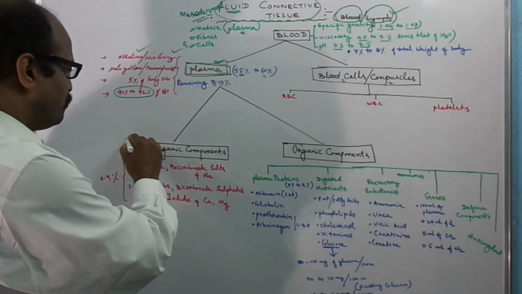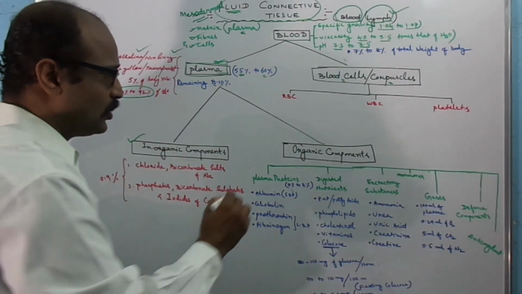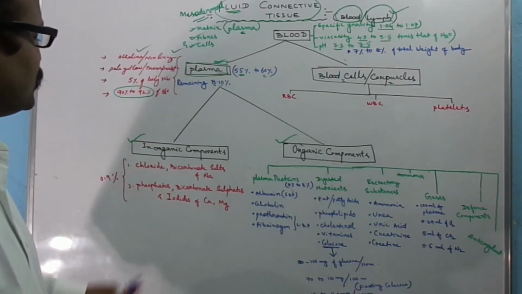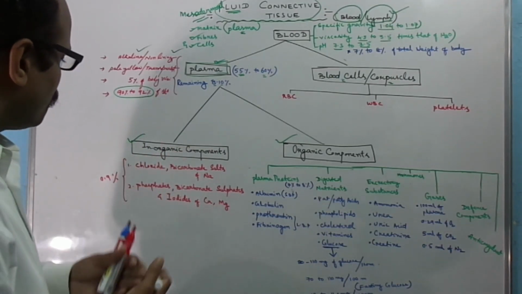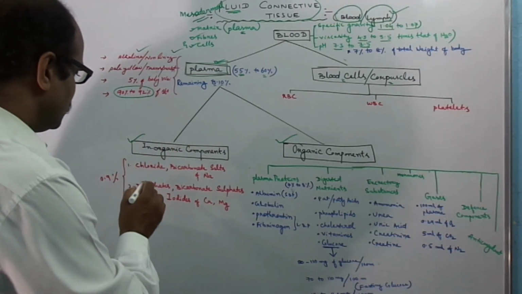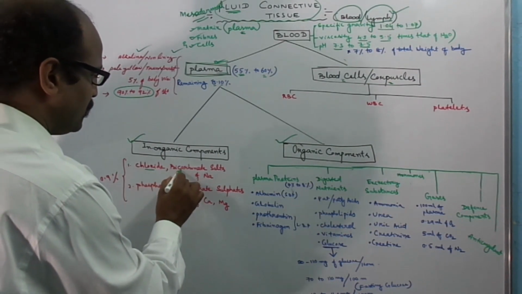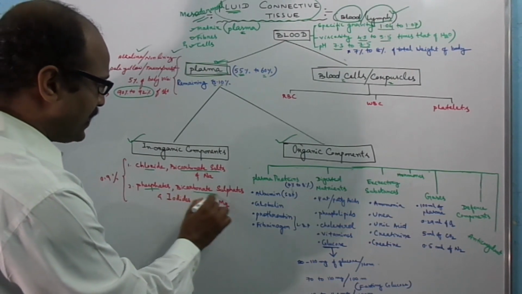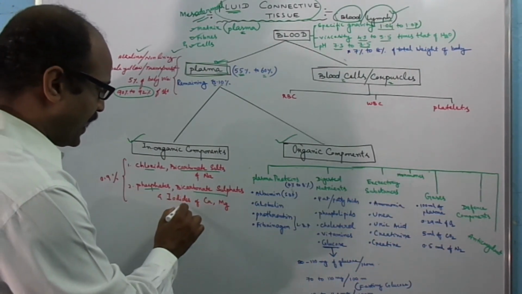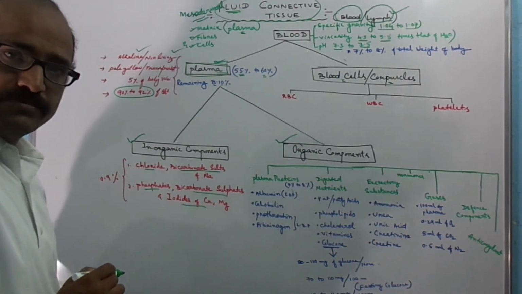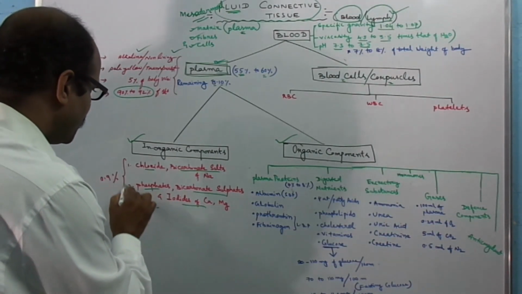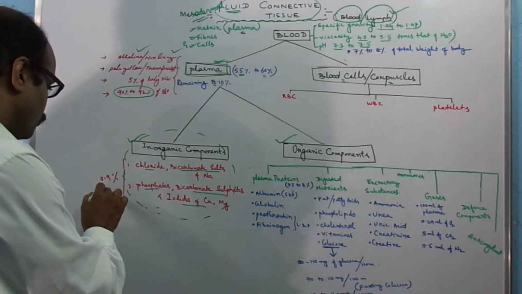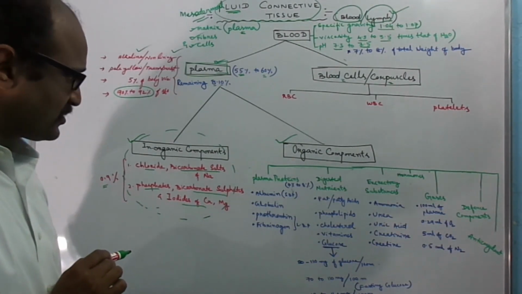Some are inorganic components and some are organic components. So what are the inorganic components of the plasma? These may be the chloride and bicarbonate salts of sodium, the phosphates, bicarbonates, sulfates and iodides of calcium and magnesium, which are present in ionic form and which constitute 0.9%.